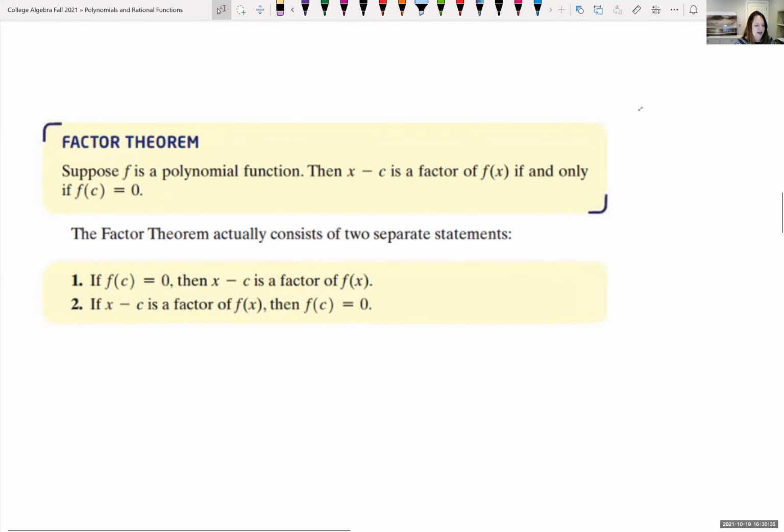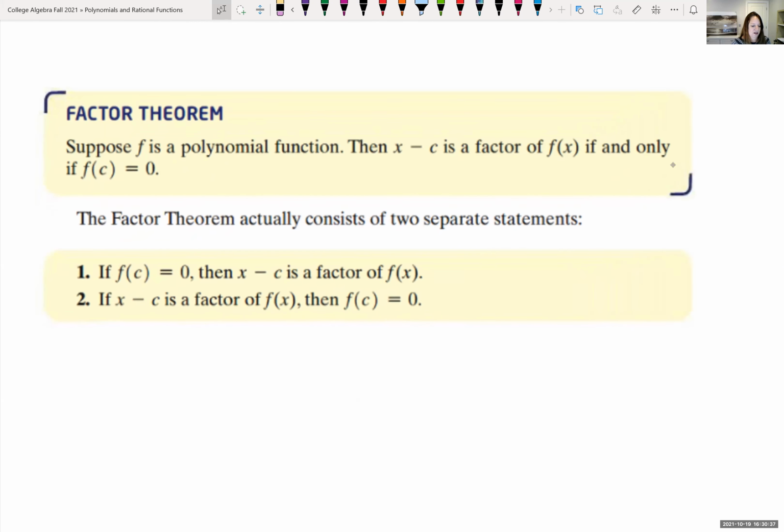So we have the factor theorem. Suppose f is a polynomial function, then we say x minus c is a factor of f of x if and only if f of c equals 0. So if our remainder that we get back is 0, then what we were dividing by, x minus c, is a factor.